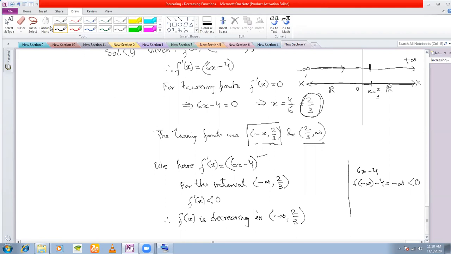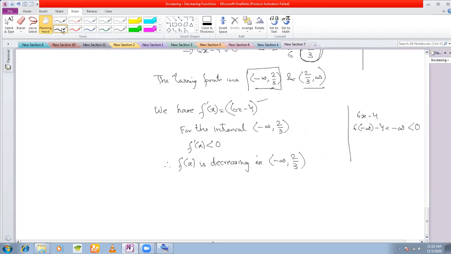We consider the next interval now. Only 2 minutes left. We finish this. Again we write f dash x is equal to 6x minus 4. For the interval 2/3 to infinity, tell me what should be f dash x.